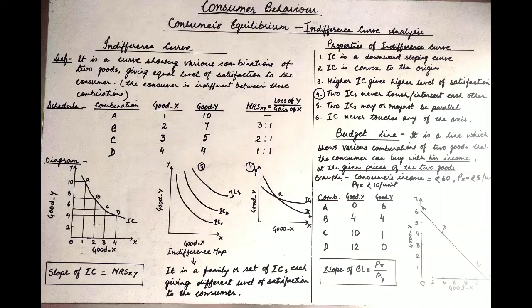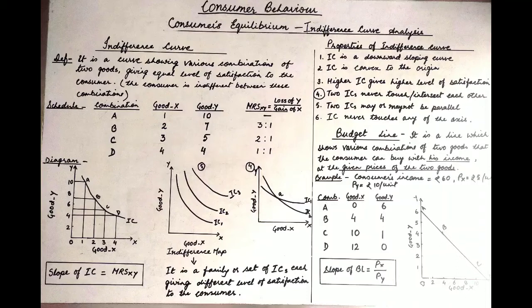In this table, you can see that to get one additional unit of X, the consumer is giving up 3 units of Y and then 2 units of Y for another unit of X and so on. This is to maintain the level of satisfaction.